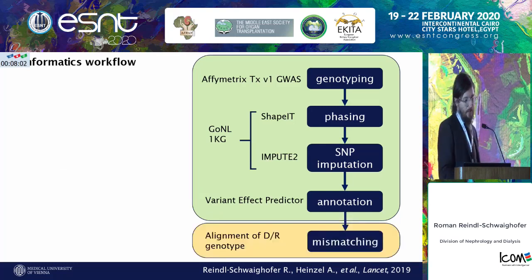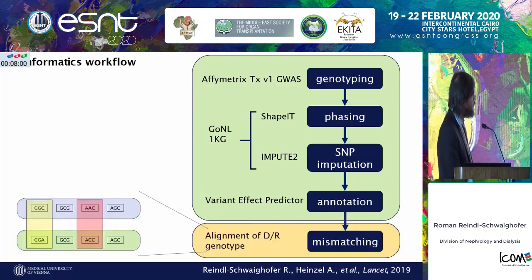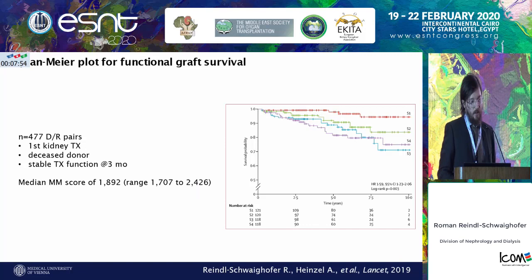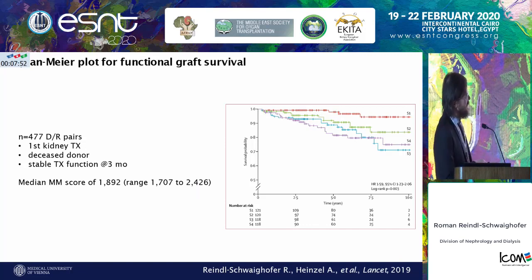And then we aligned the genomes of donors and recipients, identified all those mismatched variants for each pair, and quantified them. In this cohort of 477 donor and recipient pairs, we only looked at first kidney transplants from deceased donors with stable graft function at 3 months to rule out most important influential factors. We identified a median of almost 1,900 of these mismatched cell surface proteins.